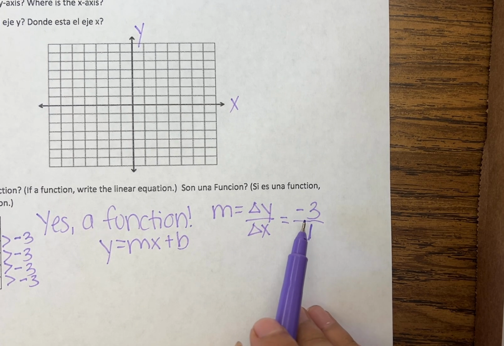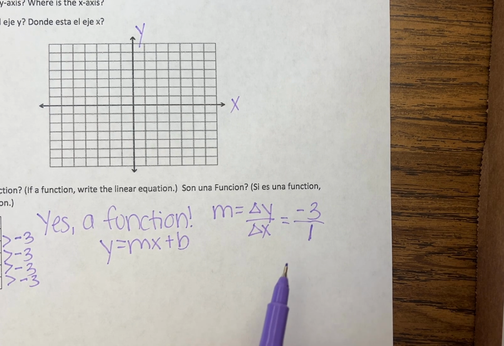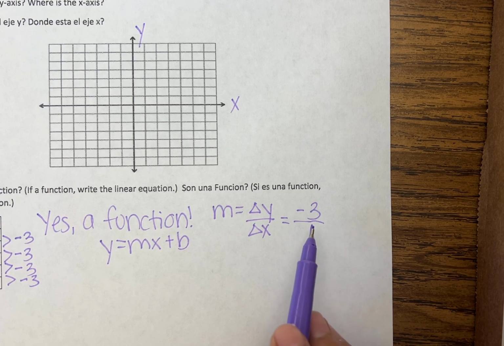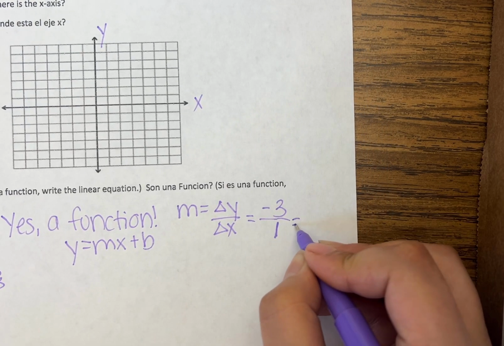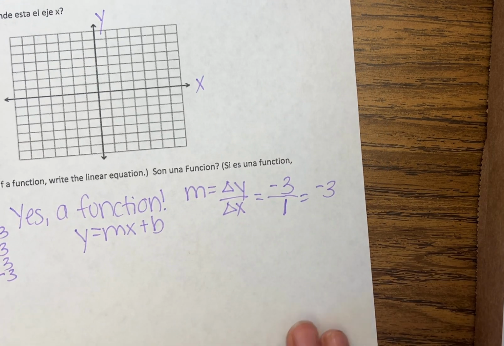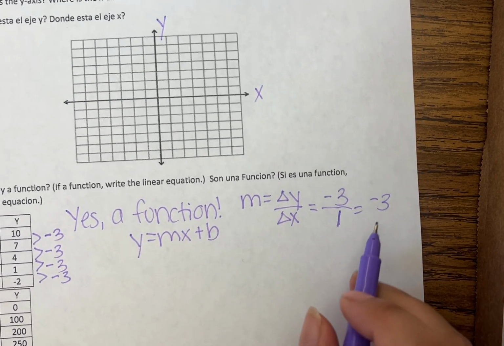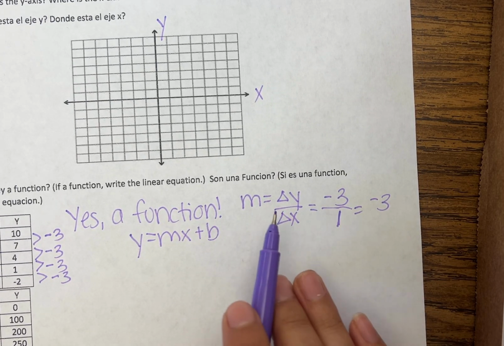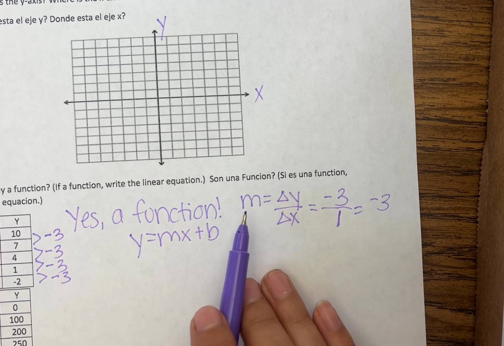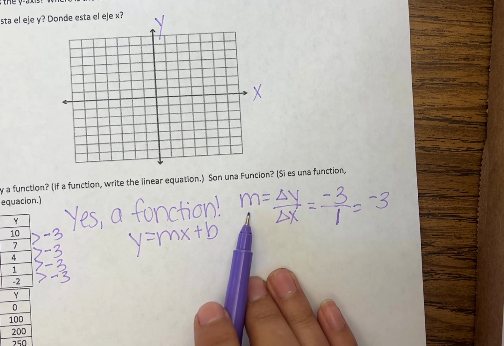So if I were to say 100 over 1, 100. 200 over 1, 200. Negative a billion over 1, negative a billion. This one, -3 over 1, it would just give us -3. Okay. So that's my m, right? Ese es mi m, ¿verdad? Porque eso es lo que estamos resolviendo.